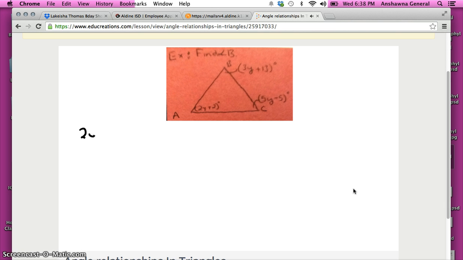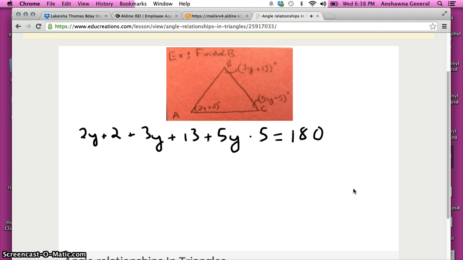So we have 2y plus 2 plus 3y plus 13 plus 5y minus 5 equals 180. Going to combine like terms, 2y, 3y, and 5y.